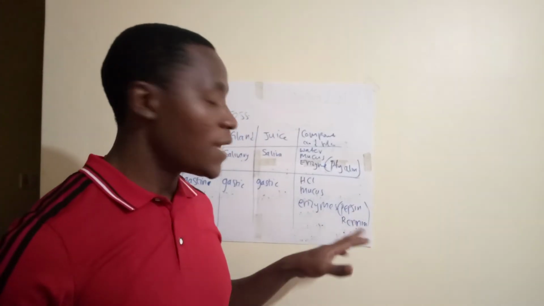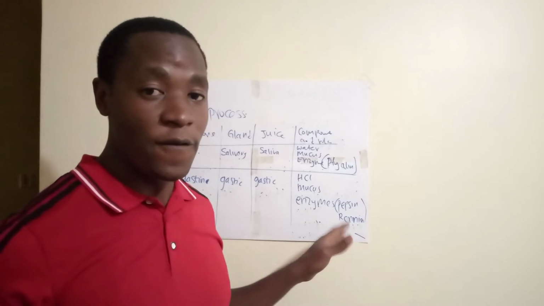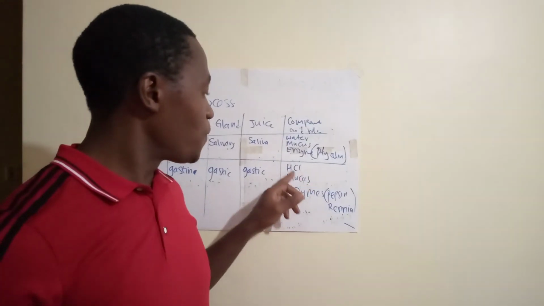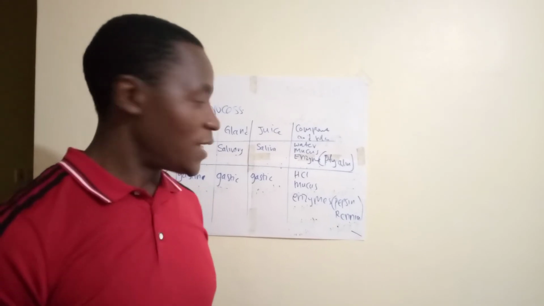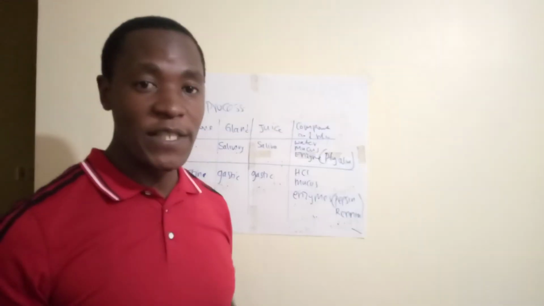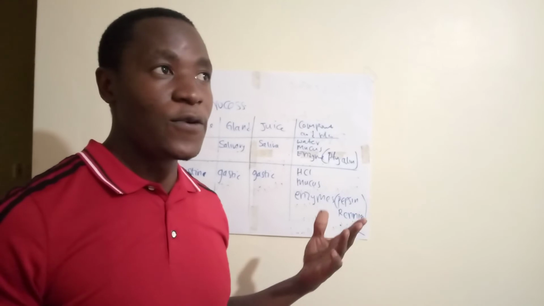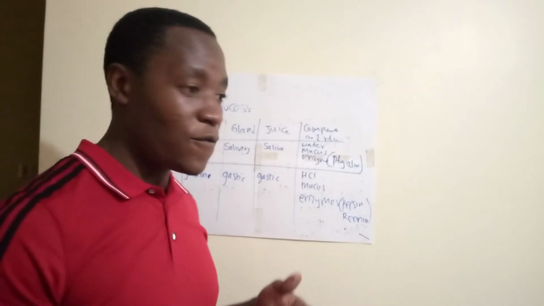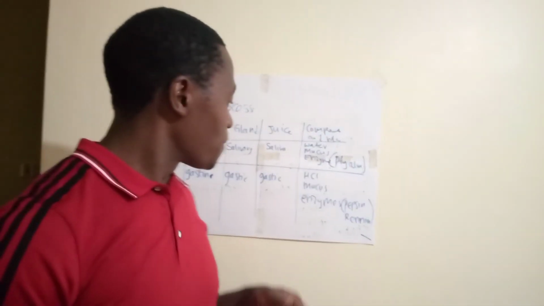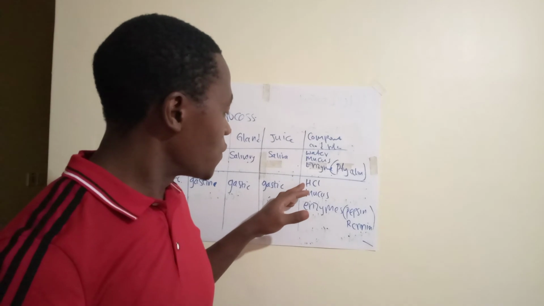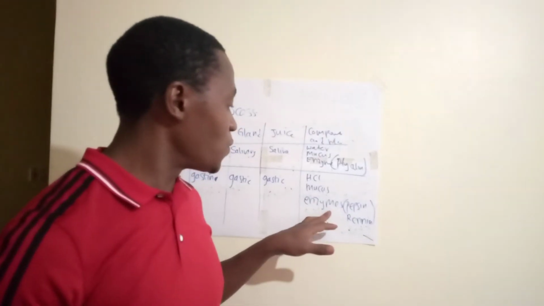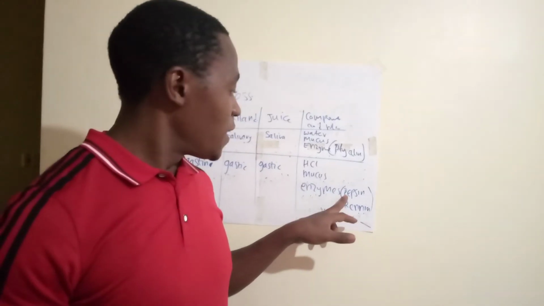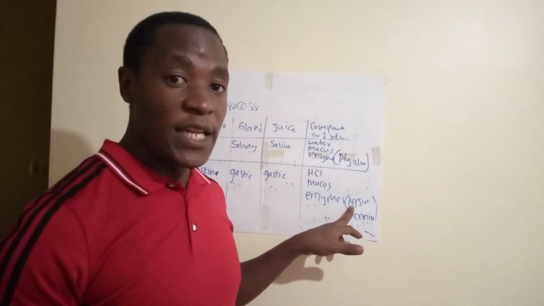Pepsin and renin require an acidic medium to perform their function. Number two, the role of HCl is to kill bacteria which were swallowed with the food. Then lastly, another role of HCl is to activate the enzyme pepsinogen into pepsin.